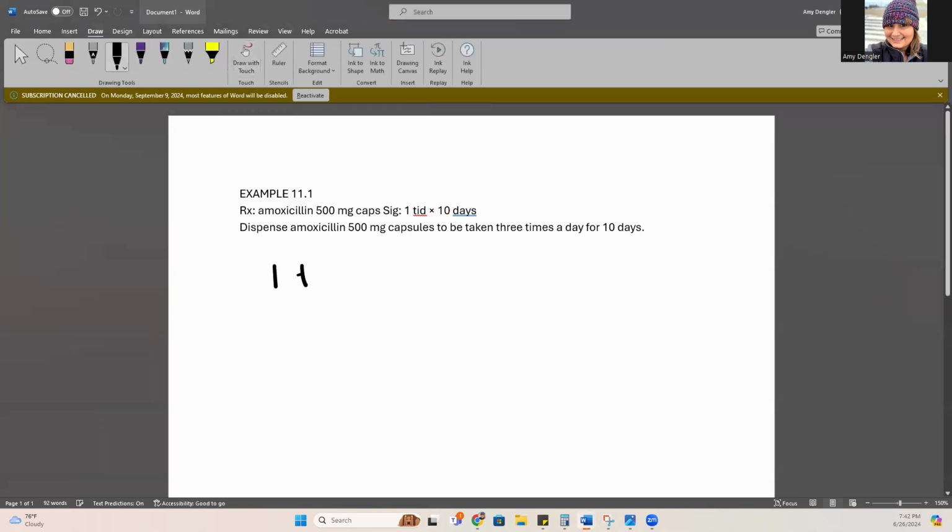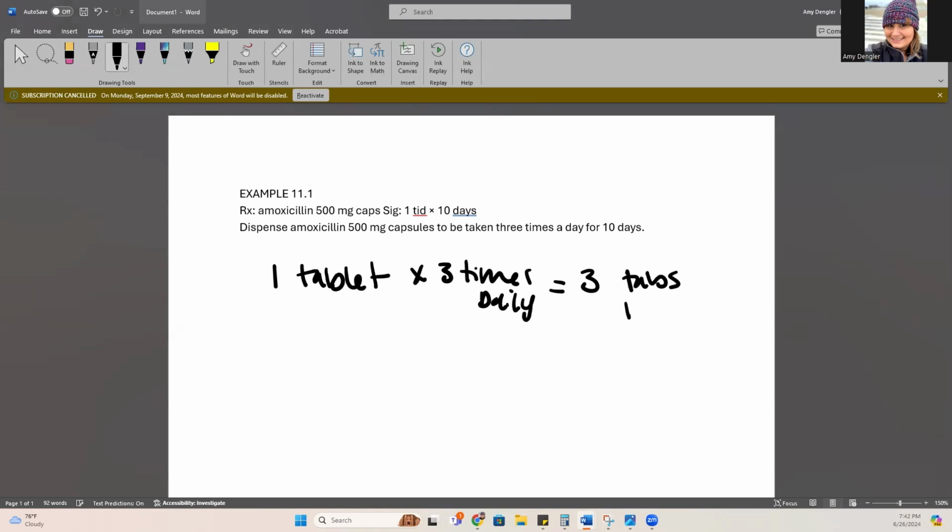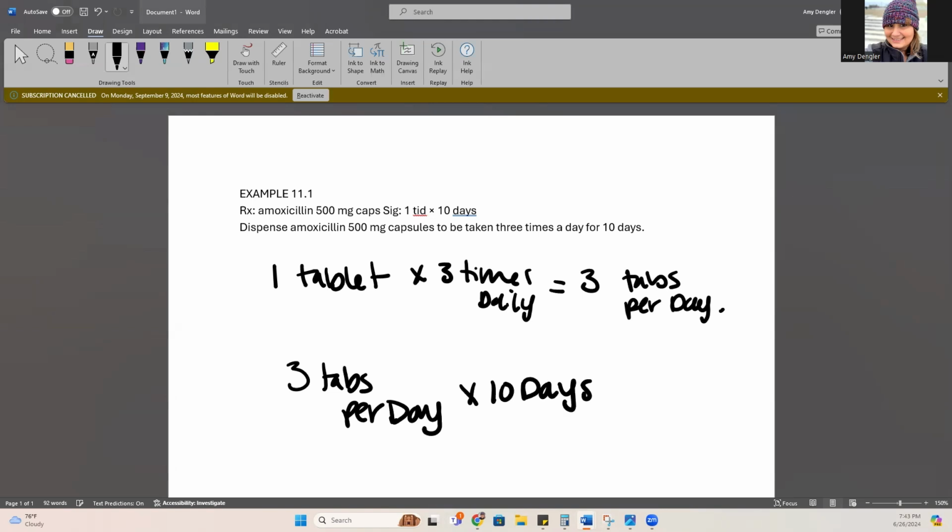They're taking 1 tablet 3 times a day, which means that they are taking 3 tabs per day. And then they are taking 3 tabs per day times 10 days. So 3 times 10 is 30 capsules.